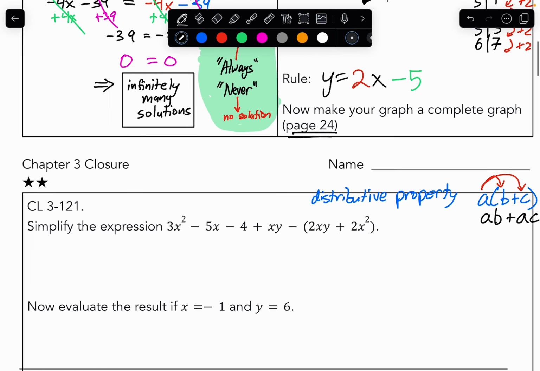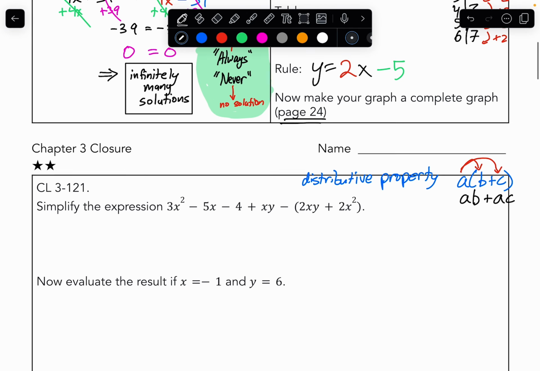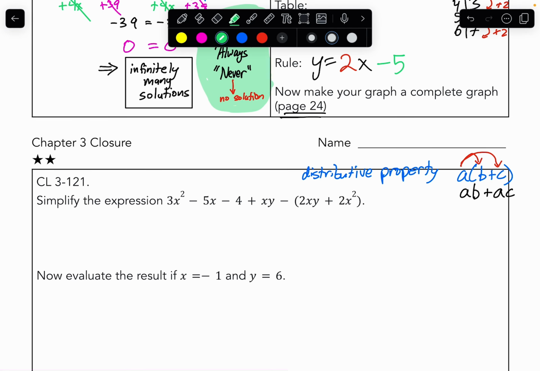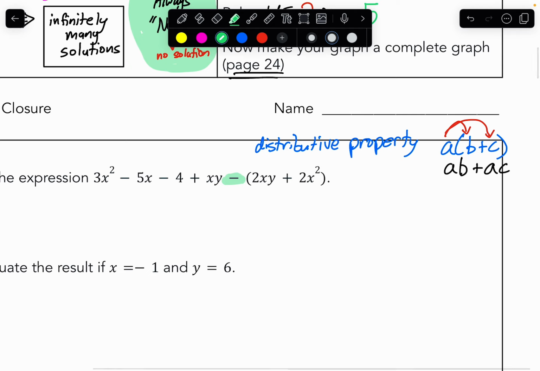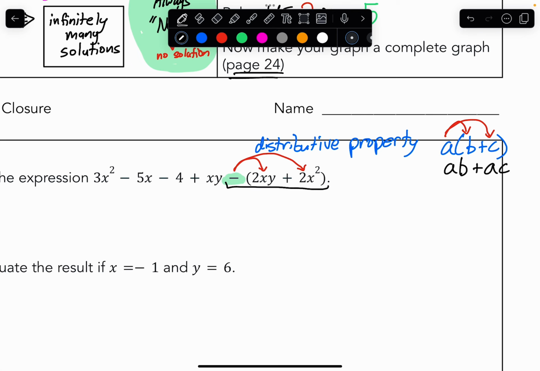So for this situation, there's actually a little bit of an interesting one going on here. We have a negative sign, just a negative sign. There's nothing after the negative sign. It's not -2 or anything. But what I want to do is distribute the negative sign. Did you hear that? Distribute the what? Yeah, distribute the negative sign. So I'm going to rewrite this section right here as -2xy.